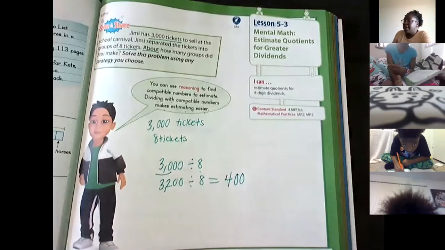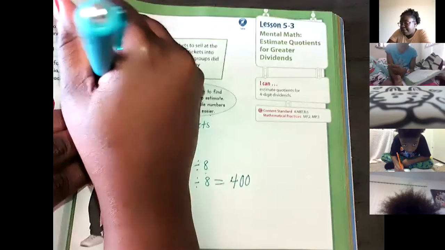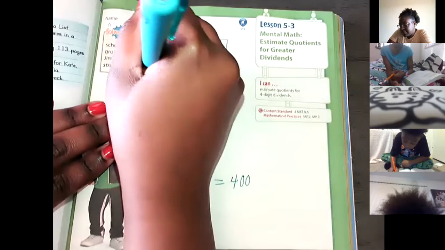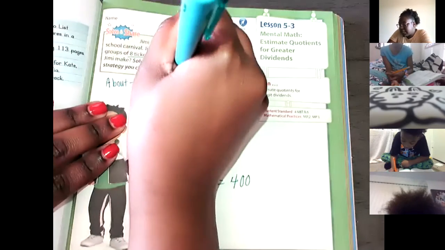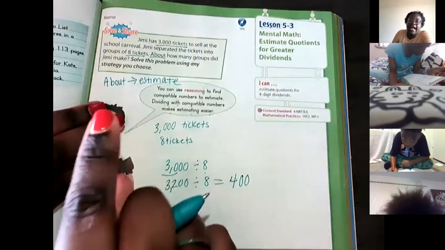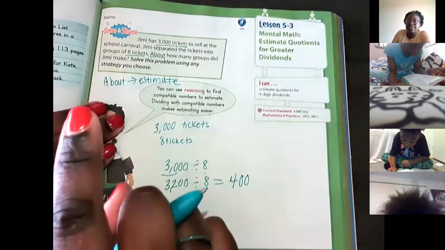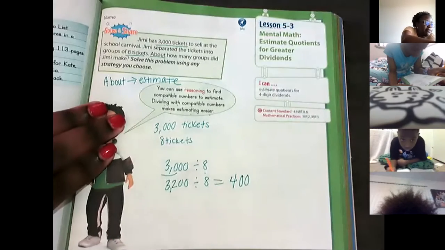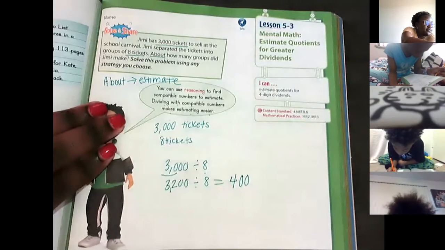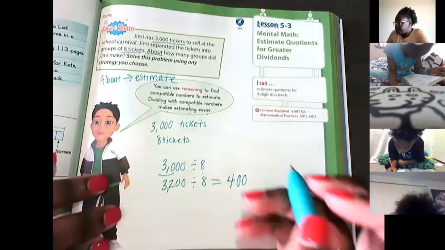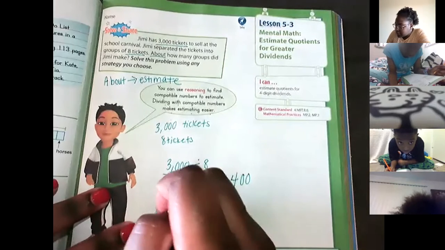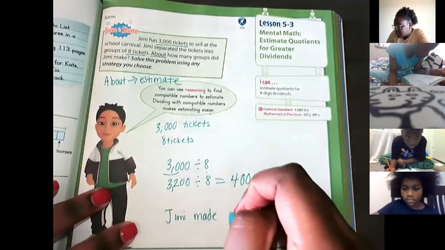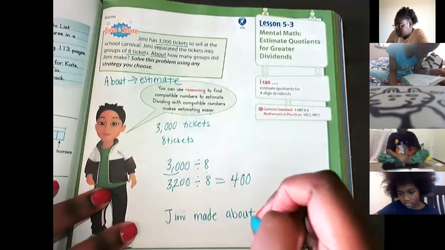So anytime you see the word about, that means you need to estimate. They're not asking you exactly how many, they're asking you about how many. So about how many groups did he make? All right, so we will say Jimmy made about 400 groups.